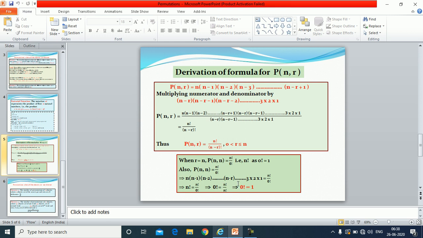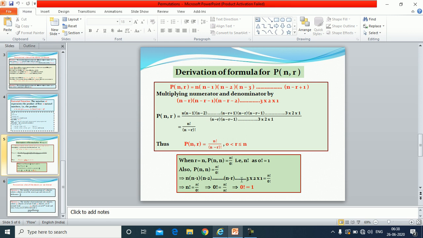Okay, as we keep on filling the positions, the number of objects keeps on reducing. So at certain point you will be left with only 3 objects. So this position may have only 3 options. The next one is only left with 2 and the last one is only left with 1. This will happen because we are arranging all of them. Okay, this we get according to fundamental principle of counting.